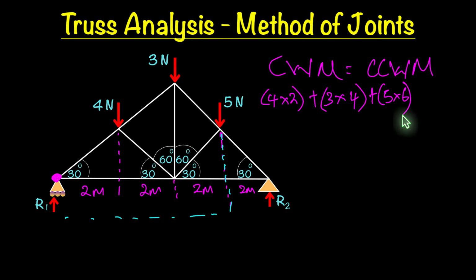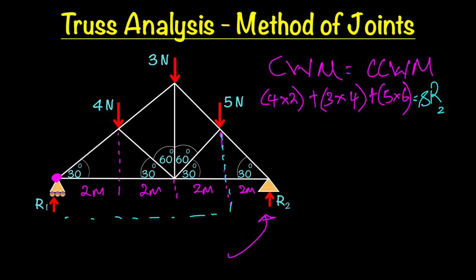Now the only other force that we have that's rotating counterclockwise is R2. So this one will be R2 multiplied by the full length of 8 meters, which is equal to 8 times R2. Now, all we have to do here is simplify our equations.